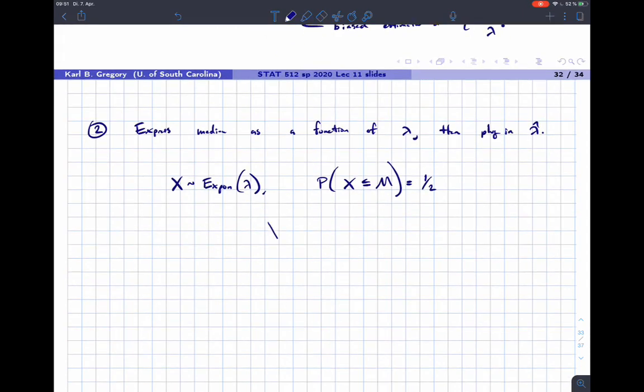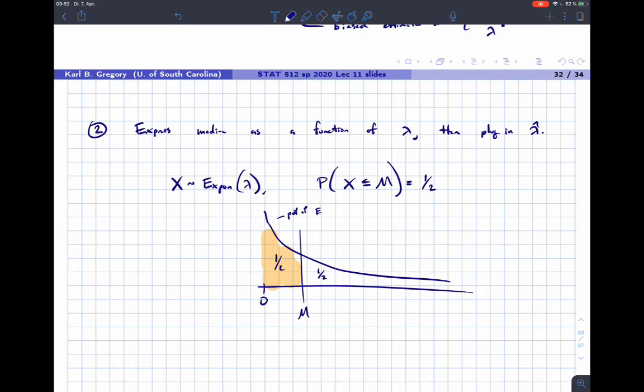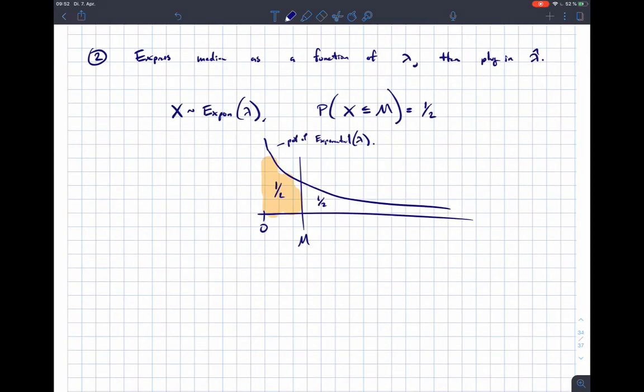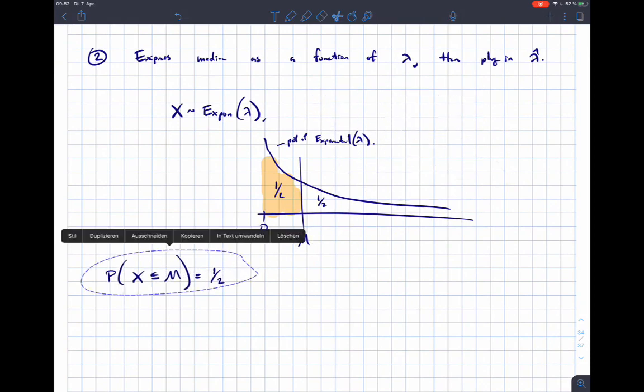Remember the exponential distribution looks like this, where this is 0, and we want to find the value such that 1/2 of the area is here, 1/2 of it is here. So this would be the median. So this would be like the PDF of exponential lambda.